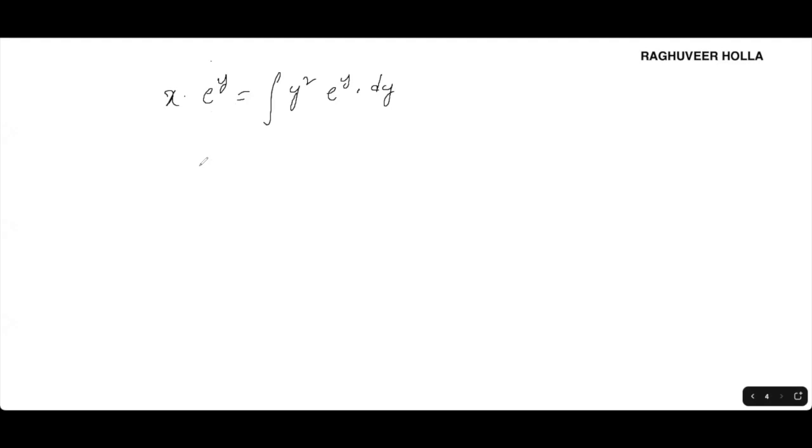Now, further, let us find this. Integrating this, we get y square minus 2y plus 2, into e to the power of y, plus c.